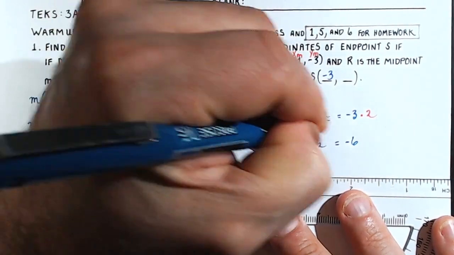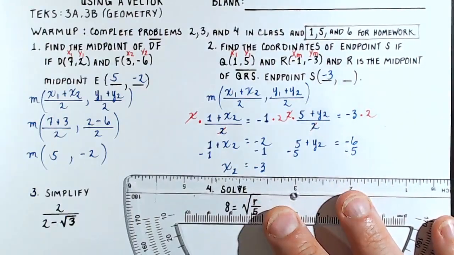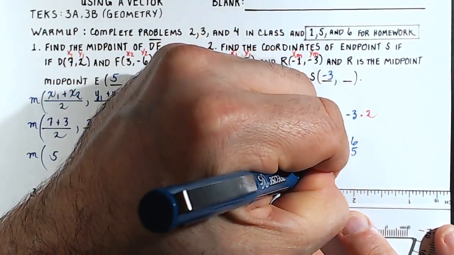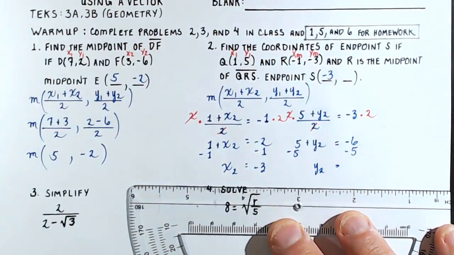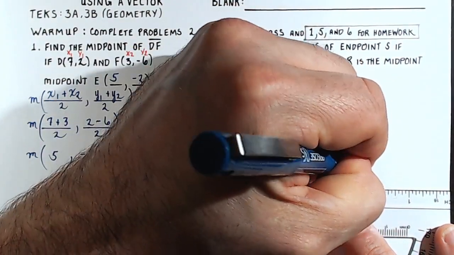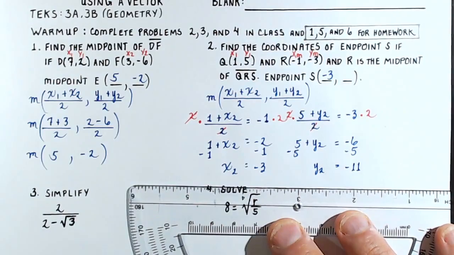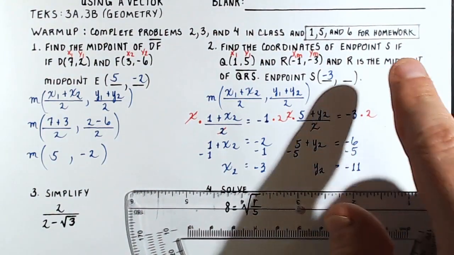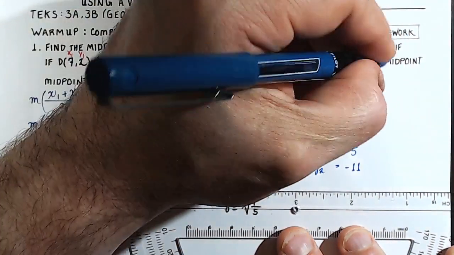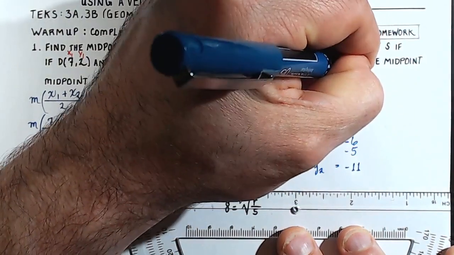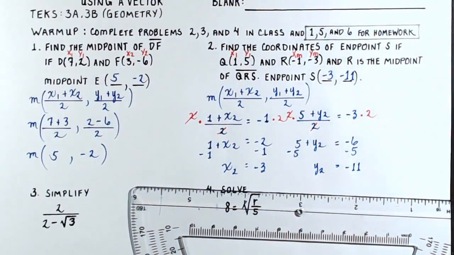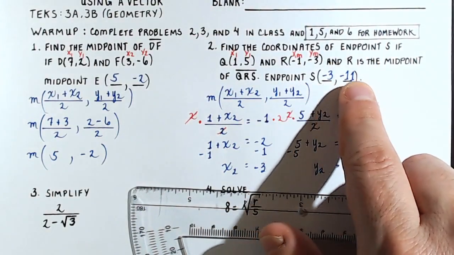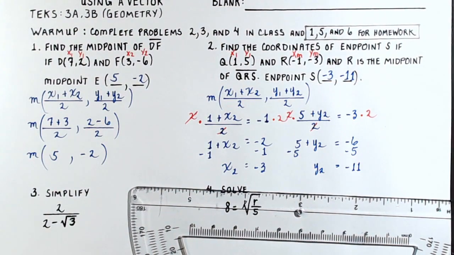Subtracting 5 on both sides, I isolate the y2 variable, and y2 equals -11. So the y-coordinate of endpoint S is -11. So the full coordinates of endpoint S are -3, -11.